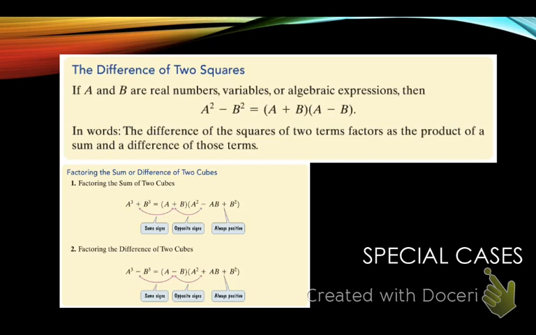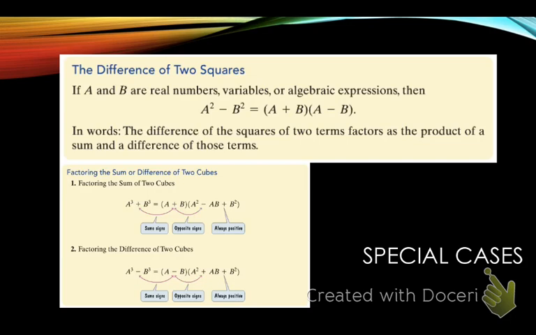Now, sum or difference of two cubes is a little bit different. Okay? Notice that the signs are always going to be the same as far as the first part, and then it's the opposite sign in the trinomial that is going to be different. So if it's a plus, if it's a sum, then in that trinomial, that middle term should always be a negative.